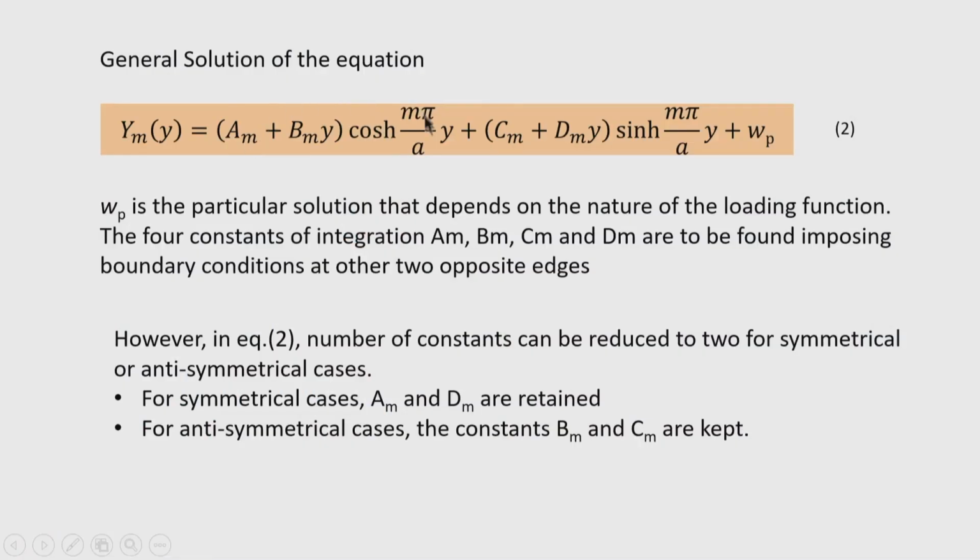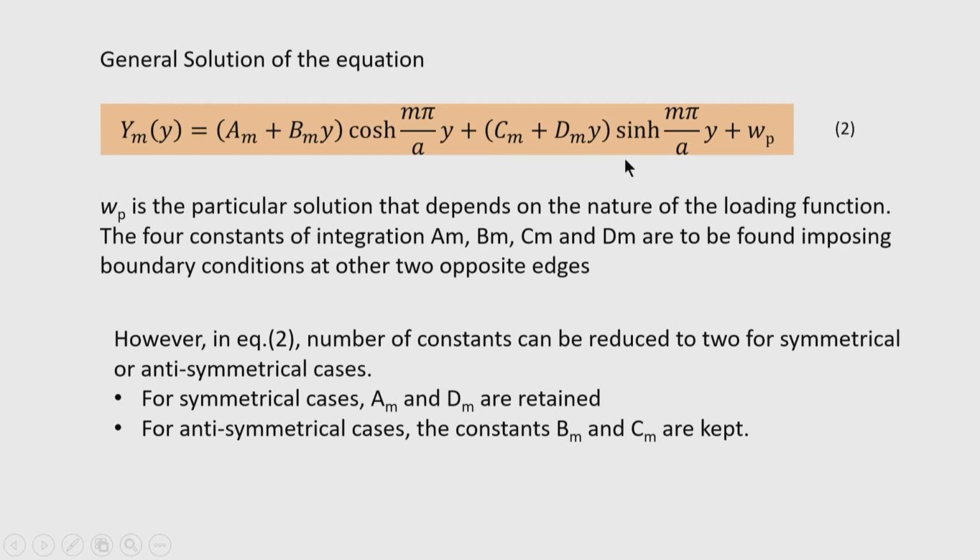In that case we only retain the symmetric terms. Symmetric terms are cosh(m pi y by a), and the product of two antisymmetric terms is again symmetric. So we can take these two terms, A_m cosh(m pi y by a) plus D_m y sinh(m pi y by a), plus W_p, if the support conditions and loadings are symmetrical.